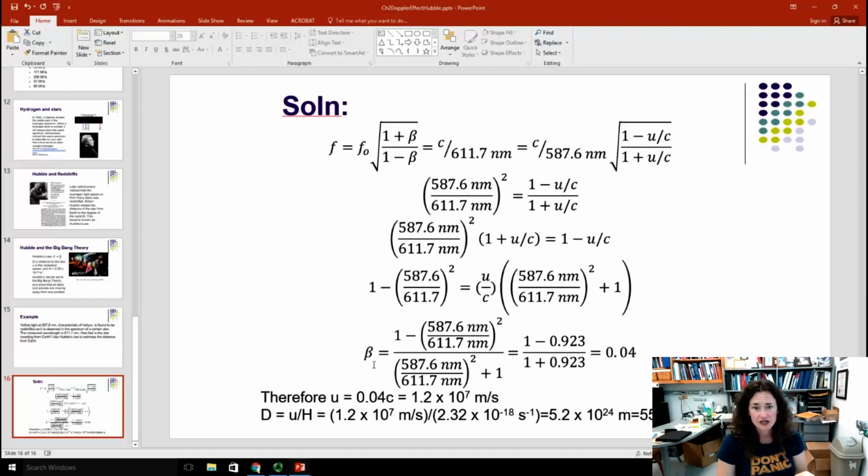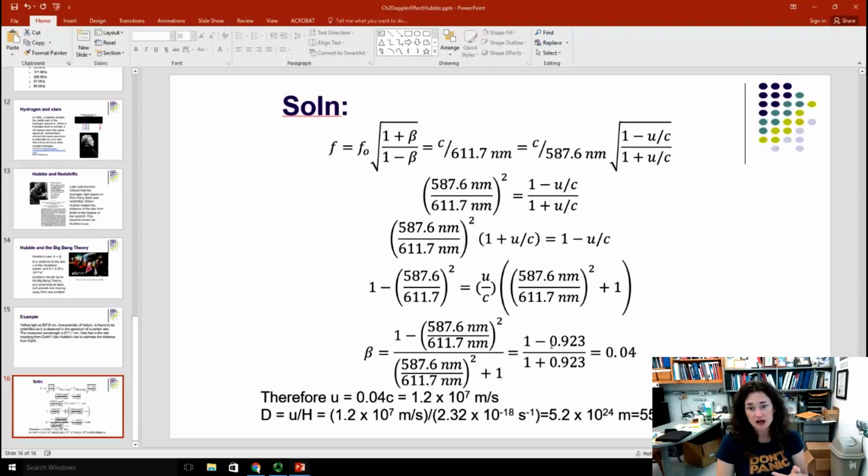Then all it takes here is to solve for u over c, and I did that here in this ratio, 1 minus (587.6 divided by 611.7) squared over that same ratio squared plus 1, and it turns out that (587.6 divided by 611.7) squared is 0.923, so then I plugged that in there.